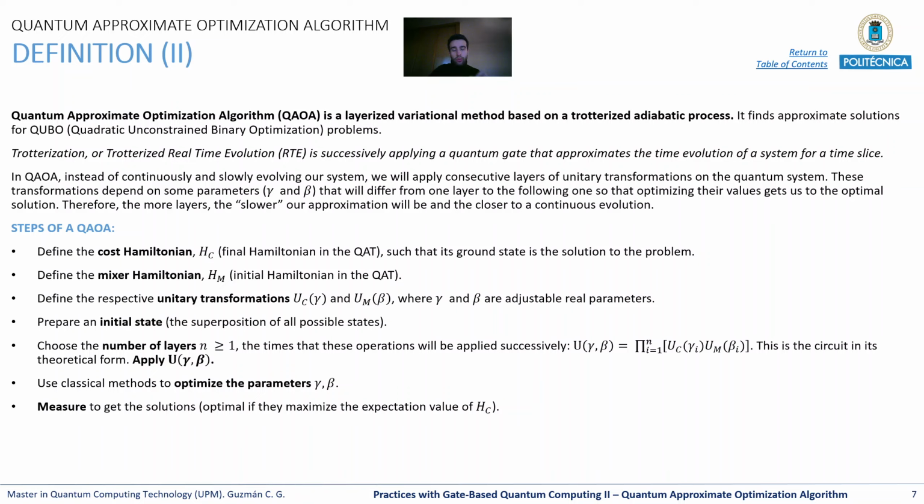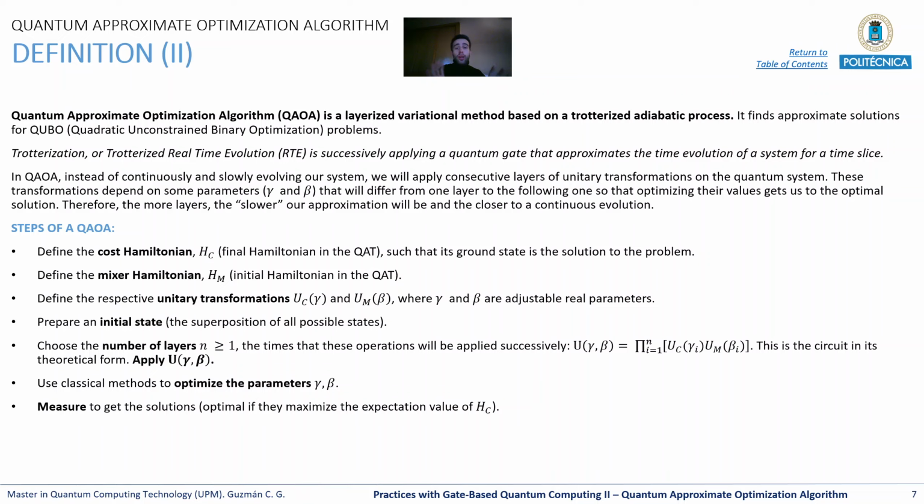We will optimize that one, run the circuit again, and that way it goes on and on until we decide to stop. So that's why it's layerized. We have several time slices, a variational method, and it is based on a trotterized adiabatic process.